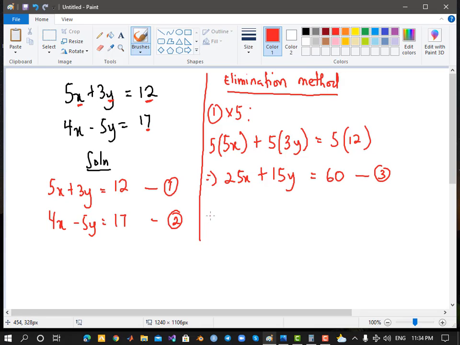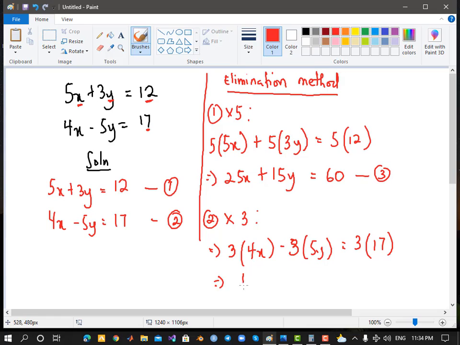Now come to equation 2 and multiply it by 3. When we multiply equation 2 by 3, 3 multiplies 4x, 3 again multiplies minus 5y, then 3 multiplies 17.